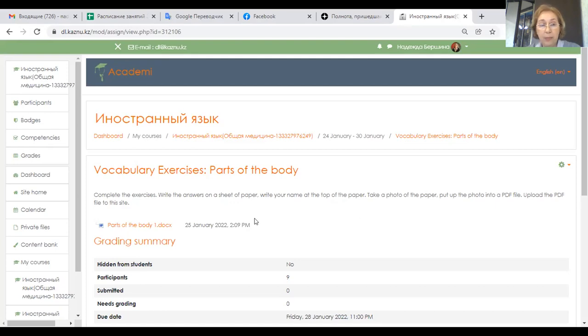These are the steps that you should complete to upload the ready-made task to this very folder, parts of the body. This is for the vocabulary exercise. Do you understand?